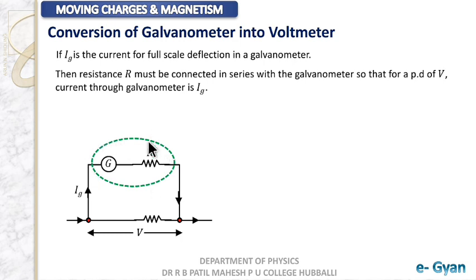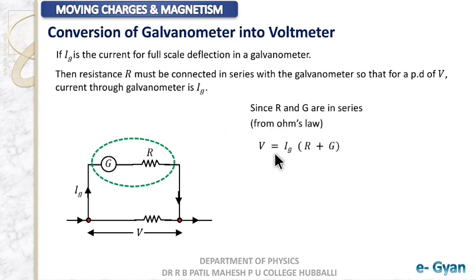Now when this combination measures the potential difference to be V across this resistor, we can write from Ohm's law, V equals the current flowing through this combination, Ig, times the effective resistance of both of these.